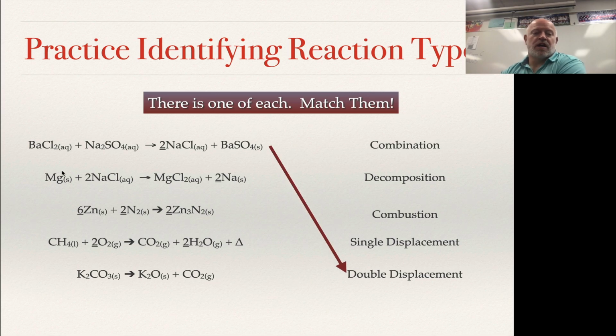Okay. At this one, I have a single element and a compound, and then a compound and a single element. Single plus compound tells me I'm going to be single displacement. Here I have single element plus single element and one compound being produced. So that tells me it's combination.